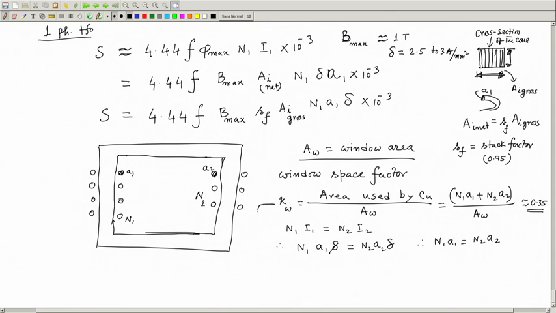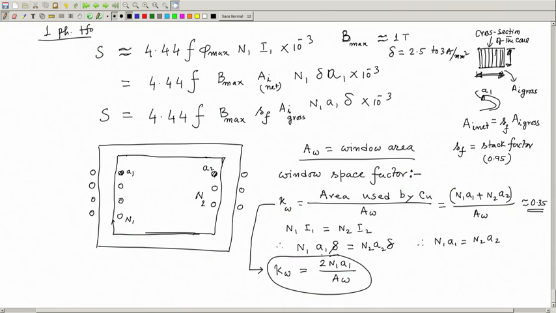So, come back here, the window space factor then will look like 2 N1 A1 divided by AW, is it not. So, this is the thing.